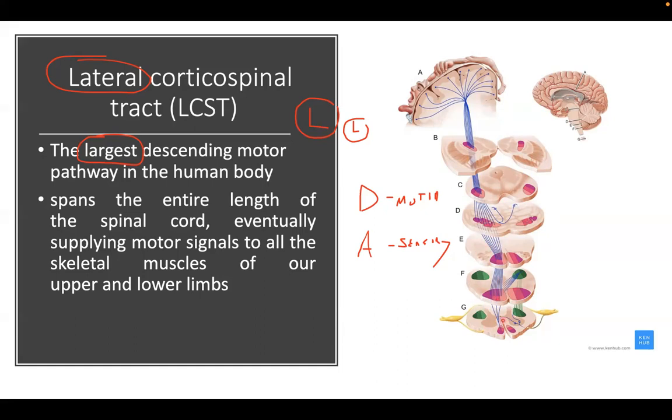But it's predominantly going to be the lower limbs. So letter L for lateral, nilabang, it crosses, letter L for largest, and letter L for the limbs. Okay, letter L for the limbs.